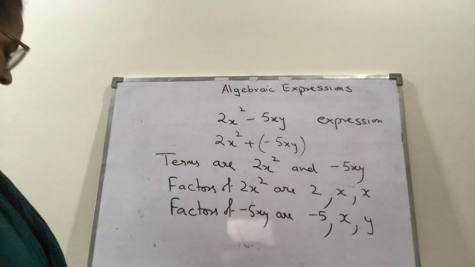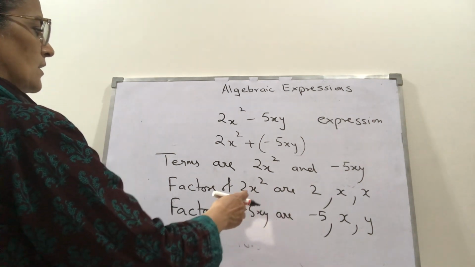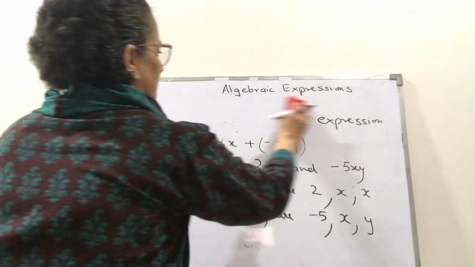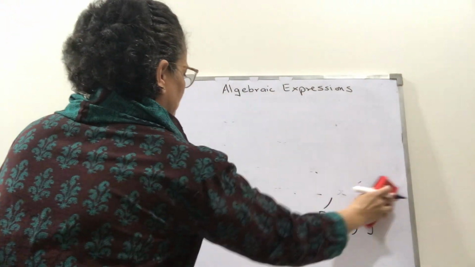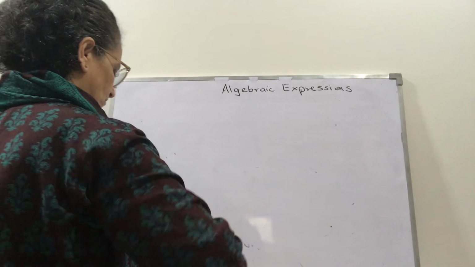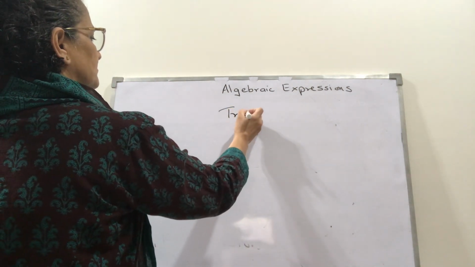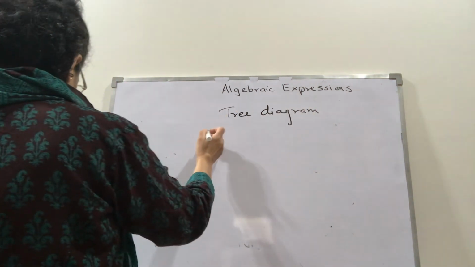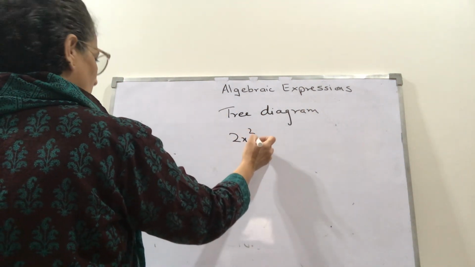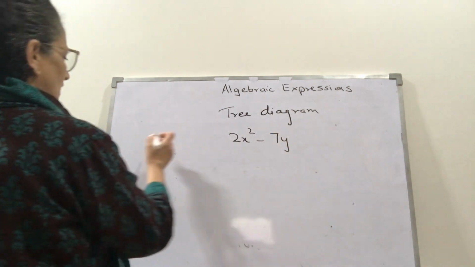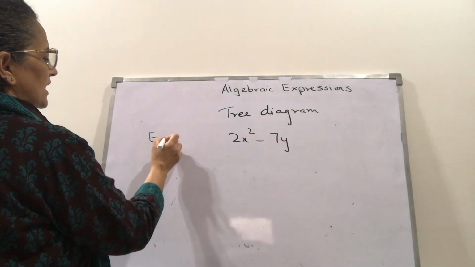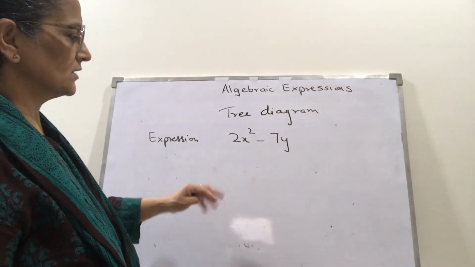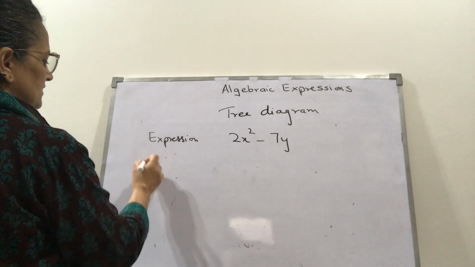Now let's understand the tree diagram for these algebraic expressions. So if I am taking 2x square minus 7y, this is my expression which we get when we add the terms, and then we write the terms.